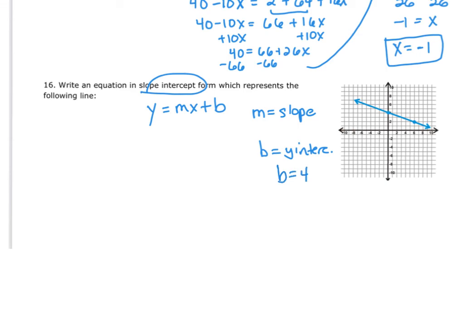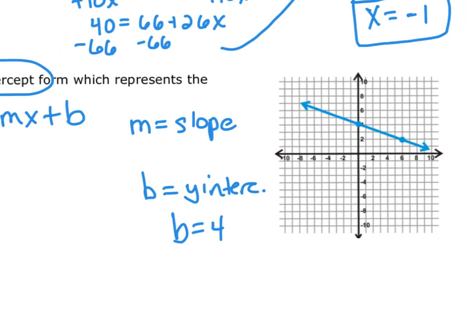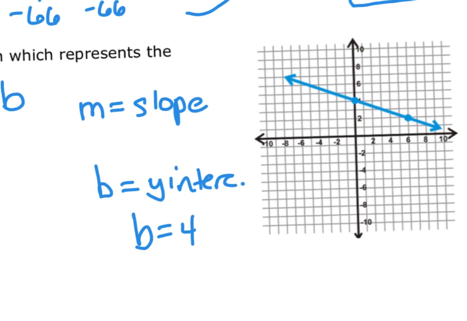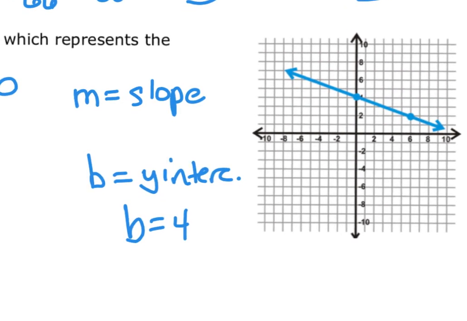And then my slope, I can count my rise over run. Let me make this a little bit bigger here so I can see. I know my slope is negative, so I'm going to write m equals negative. And then I'm going to just count boxes here.